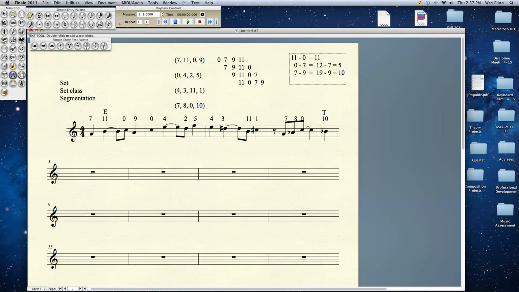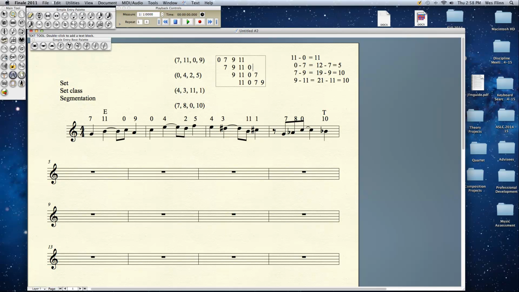That equals 10. And then 9 minus 11 equals 12 plus 9 is 21, minus 11 also equals 10. So in this case, the smallest rotation is the second one here. And we say that this is normal order.